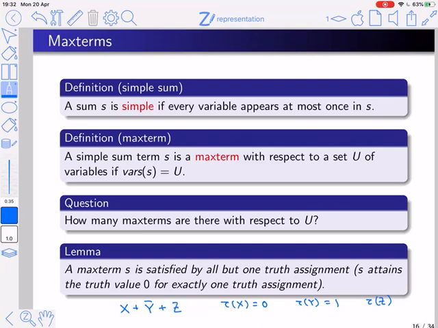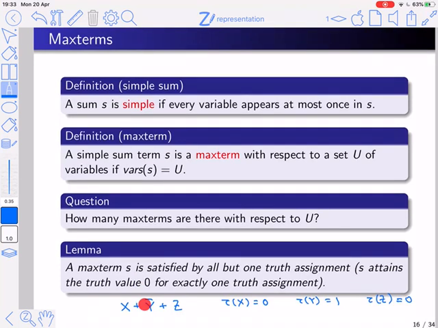And z again has to have a truth value of 0. So there is exactly one truth assignment for which our sum attains the truth value of 0. Every other truth assignment will satisfy this sum. Okay?